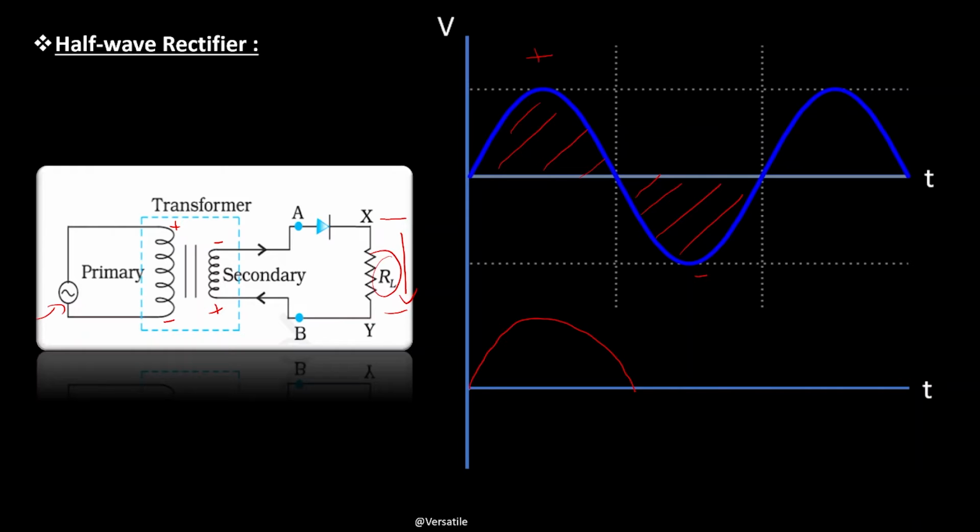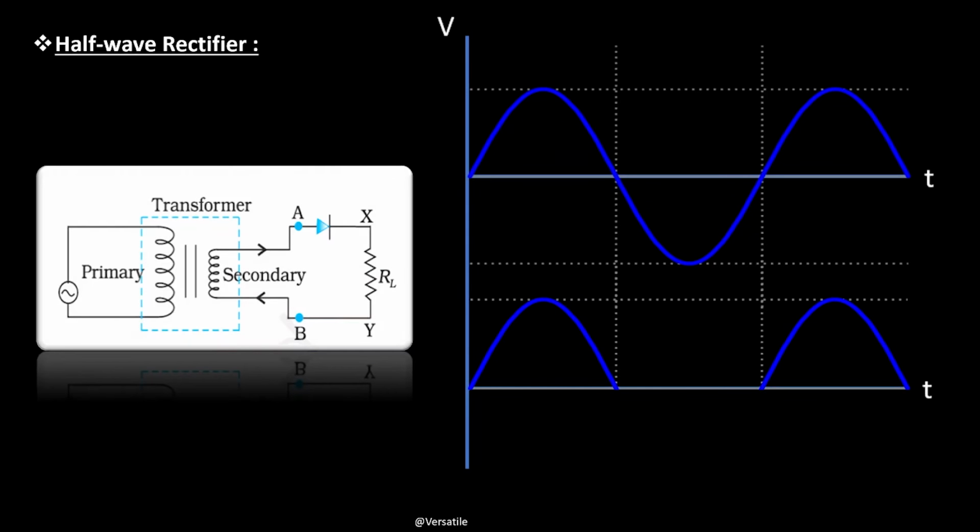So we will not have any output during this half, and again in the next cycle same thing, the diode is in forward biased condition and it will conduct, and this cycle goes on and on. Hence it is known as a half wave rectifier.